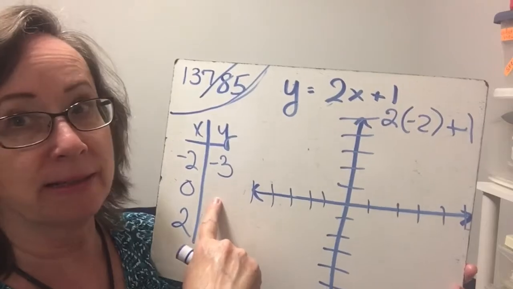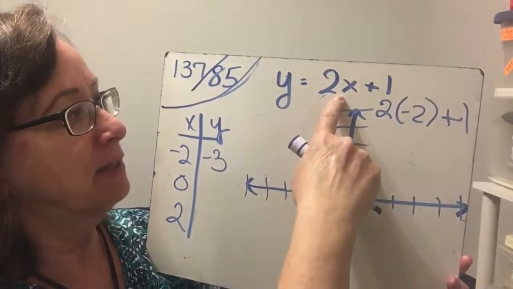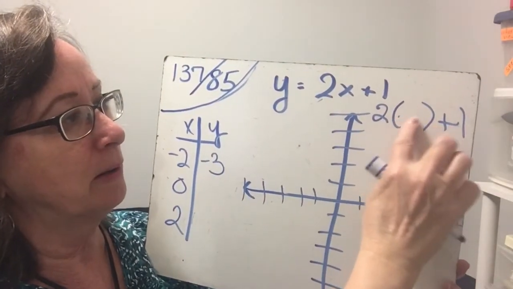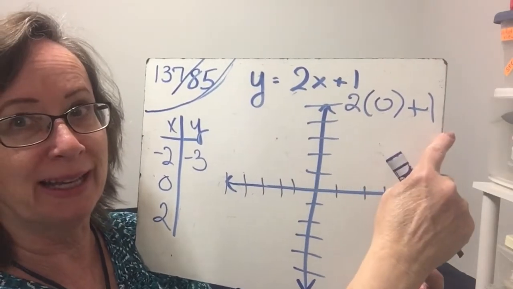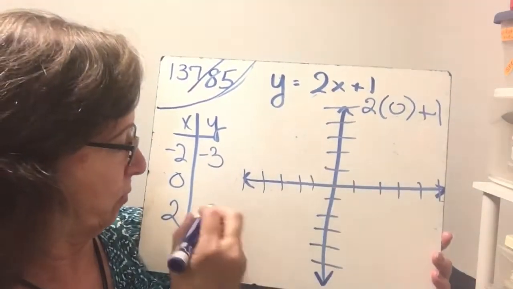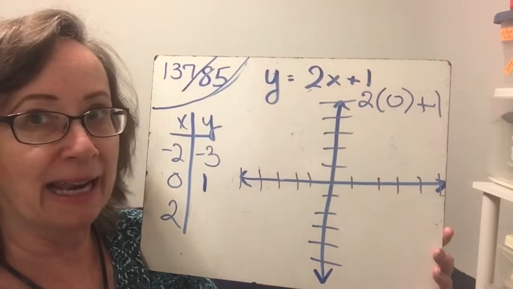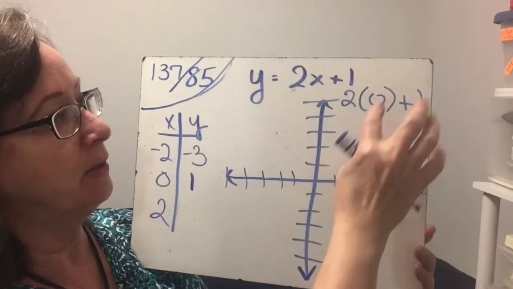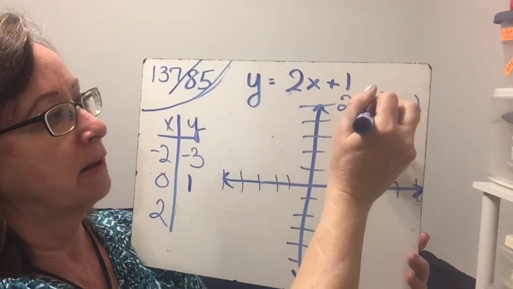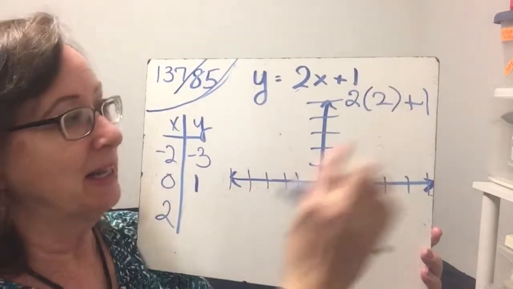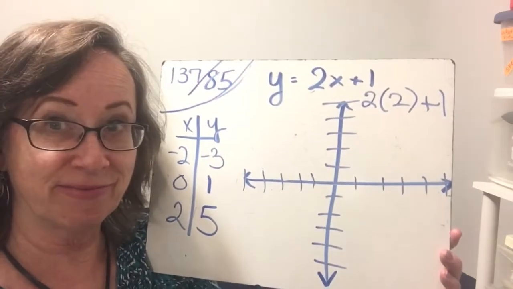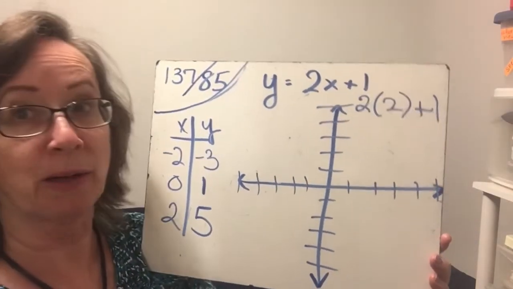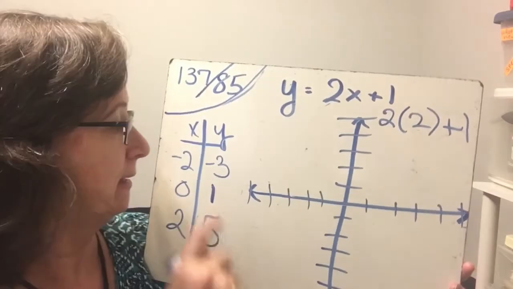So now I'm going to plug in a 0, which is the easiest point. 2 times 0 is just 0, plus 1 is 1, so the y is equal to 1. And lastly, I plug in a 2. So 2 times 2 is 4, plus 1 more is 5, and the y value is 5. Okay, so now we're going to plot each point and graph our line.